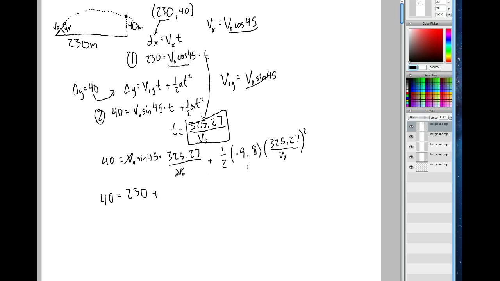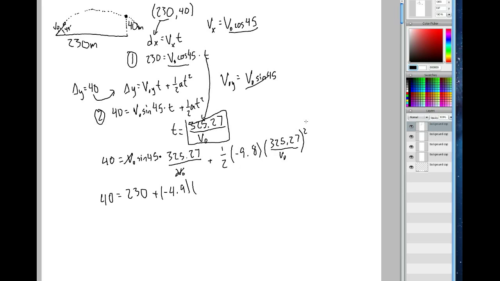Now plus, we've got to square this whole parenthesis. So I'm going to go ahead and do 1/2 times negative 9.8. I'm going to get negative 4.9. And then that times 325.27 squared is going to be a big old number.